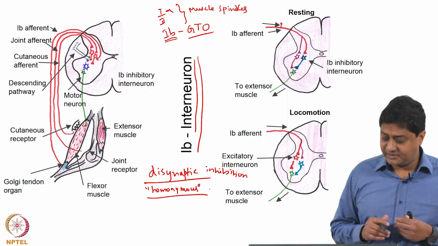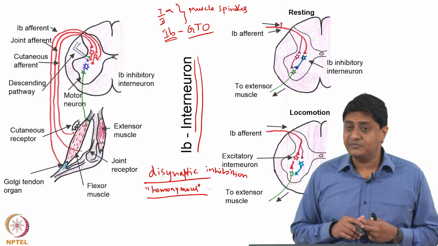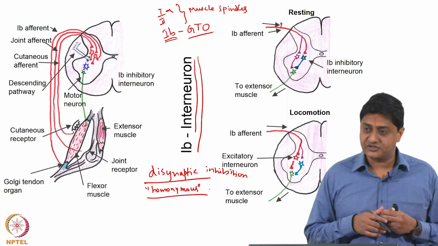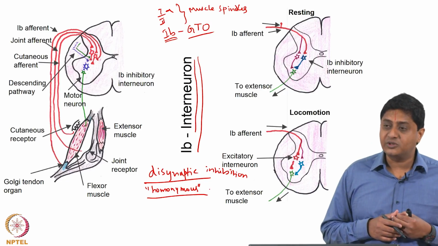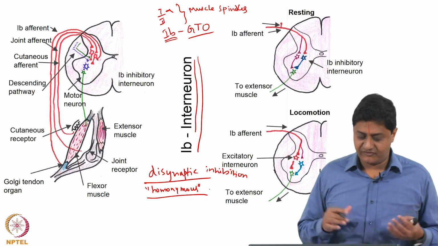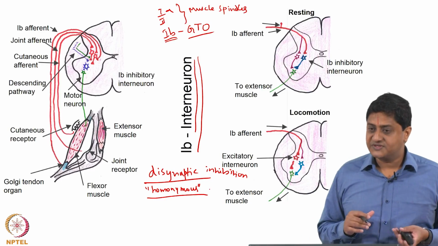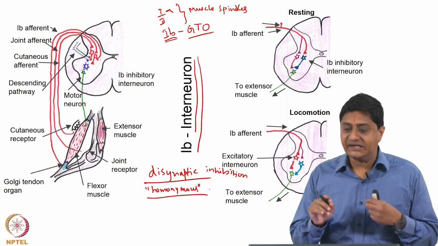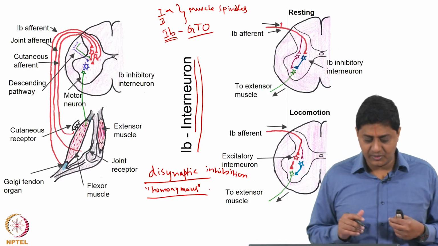But the 1B interneuron is receiving inputs not just from the 1B afferent, but also from other sources. There is a great amount of convergence of information that comes from various other sources, leading to flexibility of responses. Please do read about this.